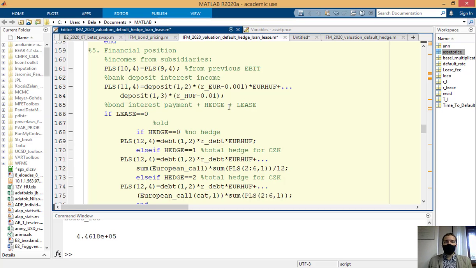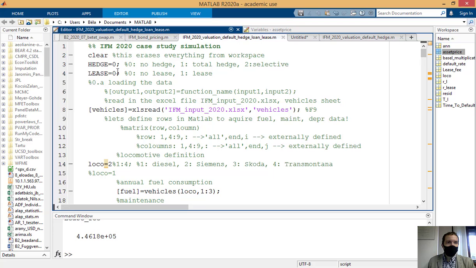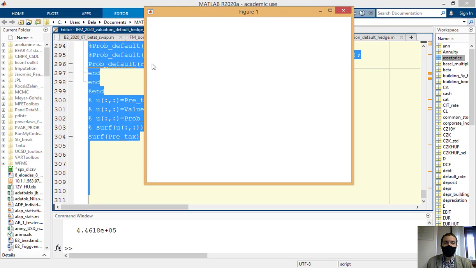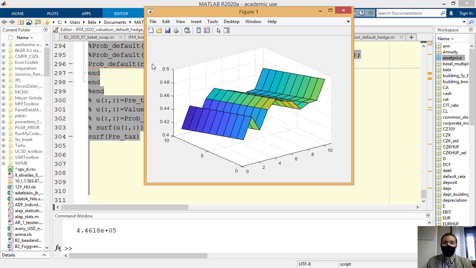Okay guys, let's see what happened with this. So first of all, saving it, and then without switching on the lease, is it able to run, or did we have some mistake or error? We have a figure.